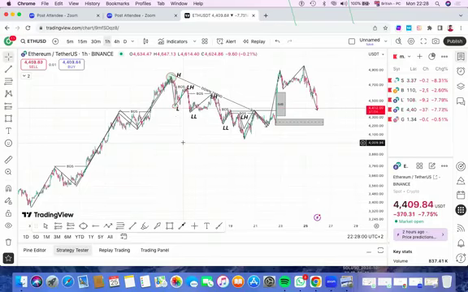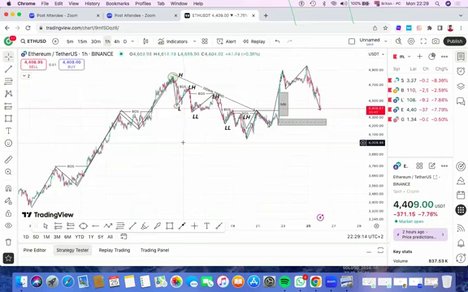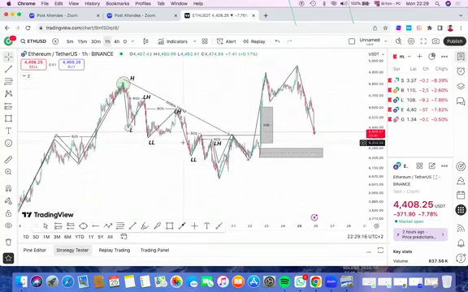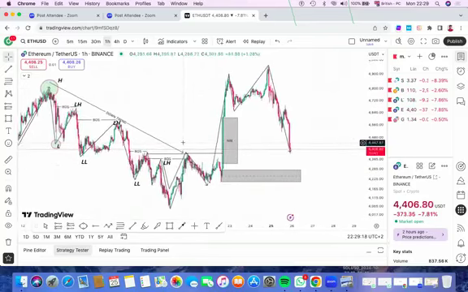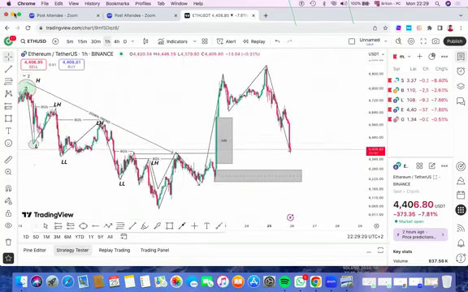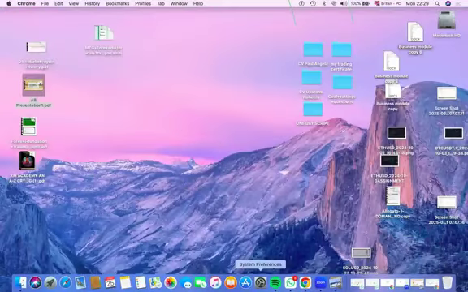So imbalance is an area of manipulation, or an area where the institutions place high orders to manipulate price, to then pull that price back to where they placed their large order quantity. So let's go back to the slide that we have. Our slide.